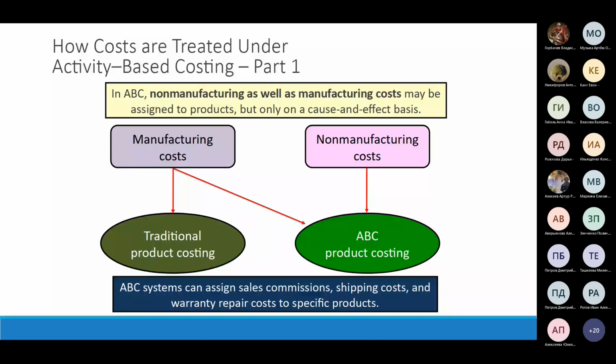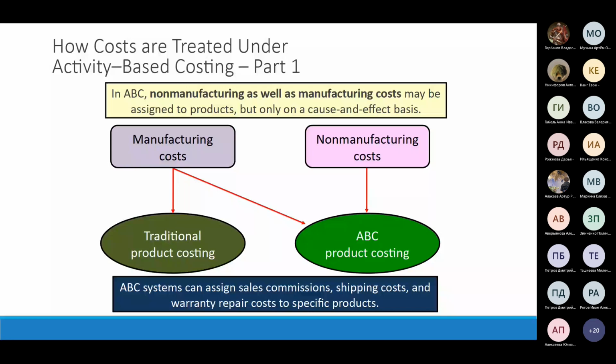Because we know that without this non-manufacturing cost, we cannot sell the automobile at the same price. Therefore, we may include this type of non-manufacturing cost in product costing. If we use traditional product costing, of course, all sales commissions are listed in sales and administrative expenses.